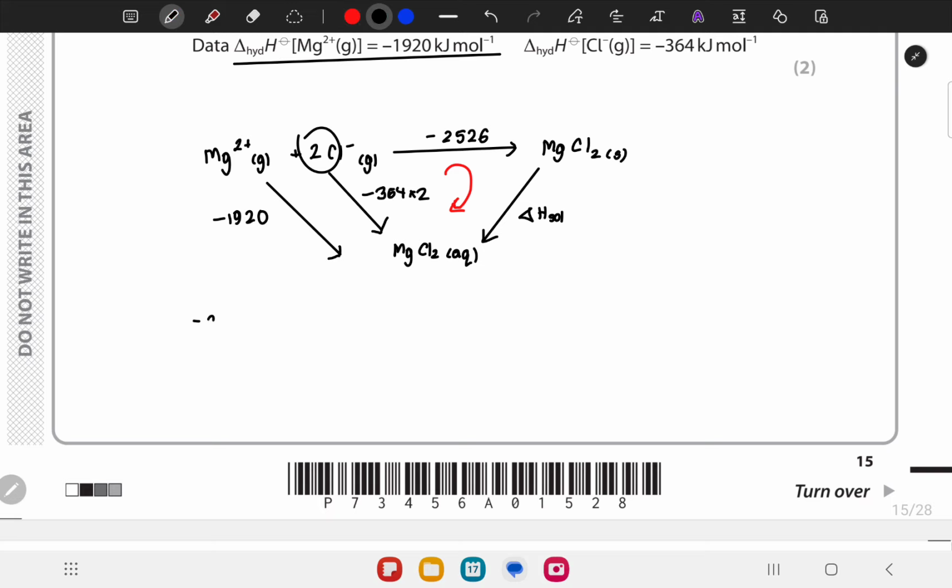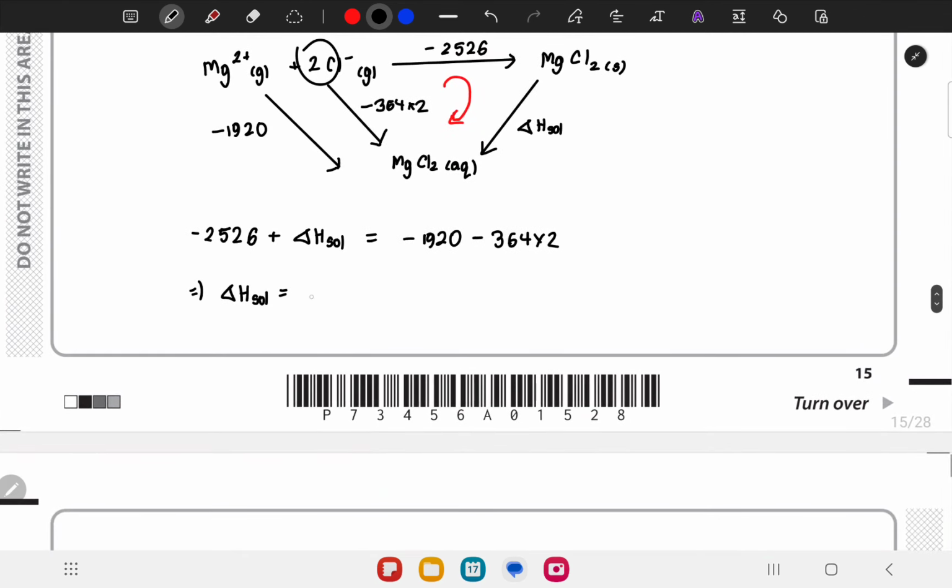So minus 2526 plus the enthalpy of solution equals minus 1920 minus 364 times 2. So the enthalpy of solution, if we calculate this, we'll get a value of minus 122 kilojoules per mole.